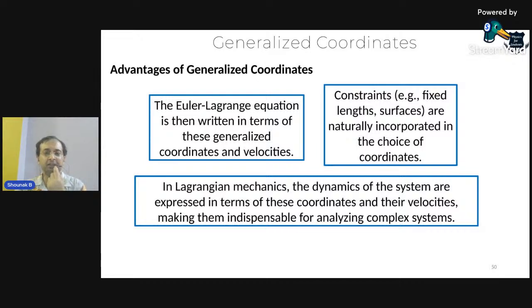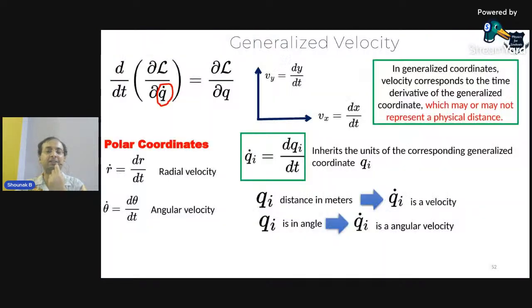Now when we talk of generalized velocity, here you can see what happens. In Cartesian coordinates, traditional velocity is very straightforward: dx by dt, dy by dt, and so on. But in generalized coordinates, for example in polar coordinates, r dot is given by dr by dt and theta dot is given by d theta by dt.